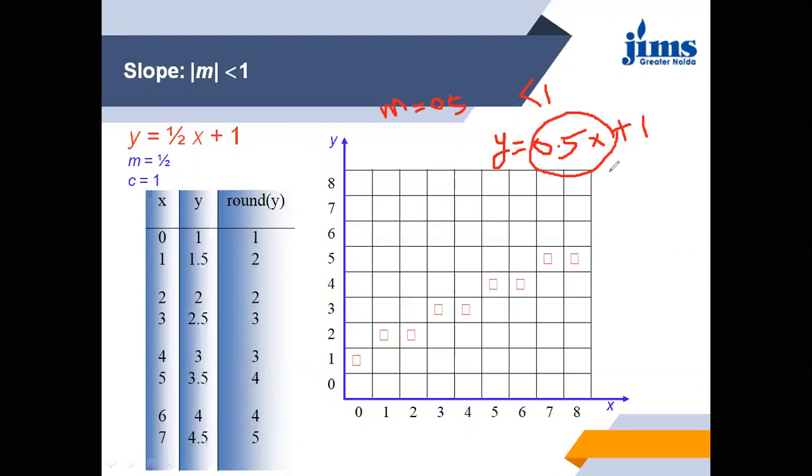But we cannot represent a decimal value in video digital display units. And I told you that we have to approximate it.